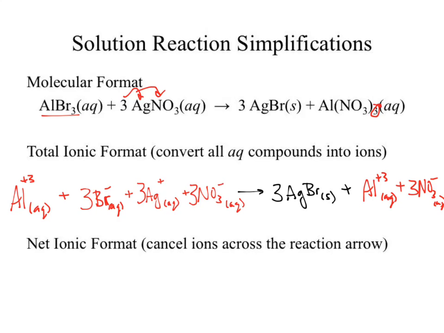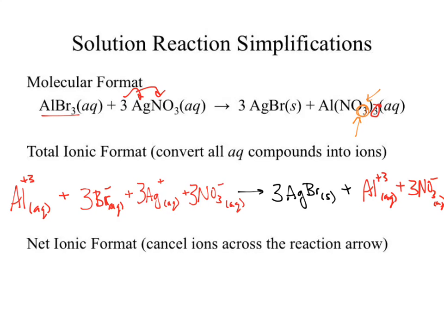Why does the 3 in the nitrate not come forward? Now that orange 3, that 3 is necessary to make that nitrate. We didn't separate aluminum into A ions and L ions. It was aluminum, Al plus 3. Okay, so what we now have is the total ionic format.